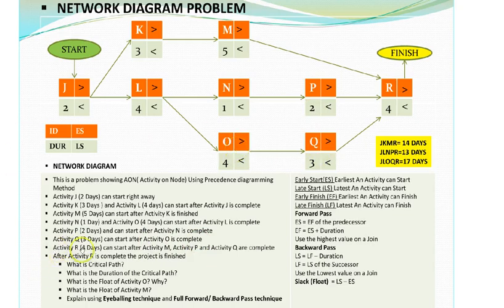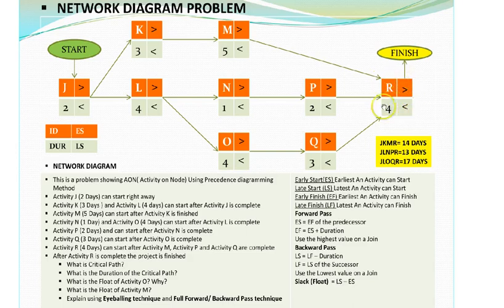Now we have R, which can start after activities M, P, and Q are complete. Now you see this? Where should I put R now? What is the best location for it? I find this is the best location because it keeps the drawing clean.